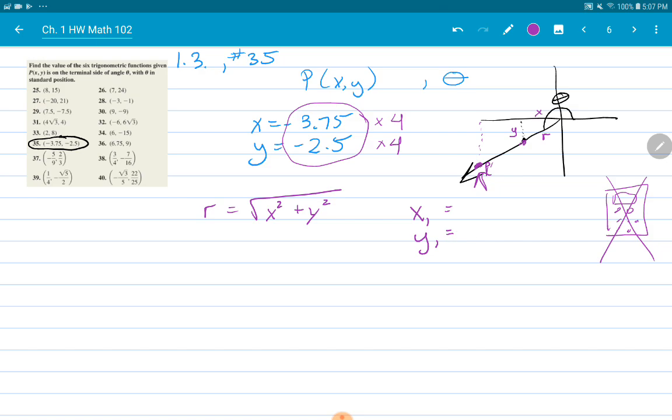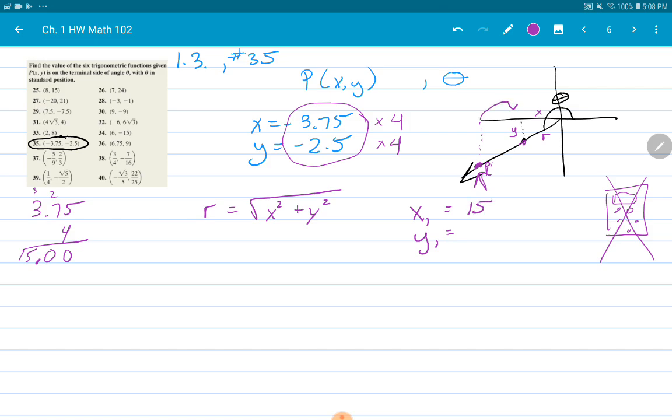So 3.75 times 4, you can convert it to a fraction or do two-column multiplication, whichever you prefer. I'm going to do the multiplication, and my decimal is 2 places, so my new x is 15.